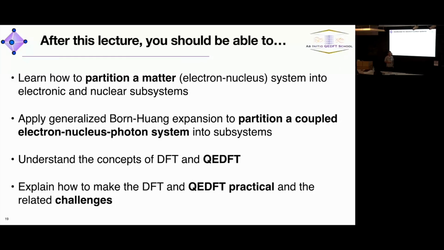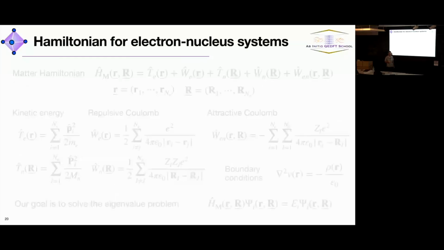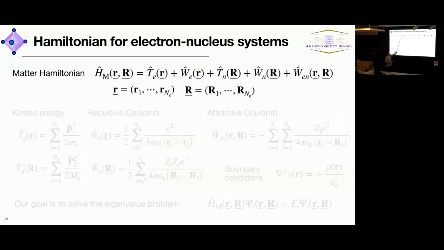Okay, the first thing is a review. Here we are looking at the basic matter Hamiltonian, which has electrons and nuclei. In this Hamiltonian, we have the kinetic energy of the electron system and the electron Coulomb repulsion.